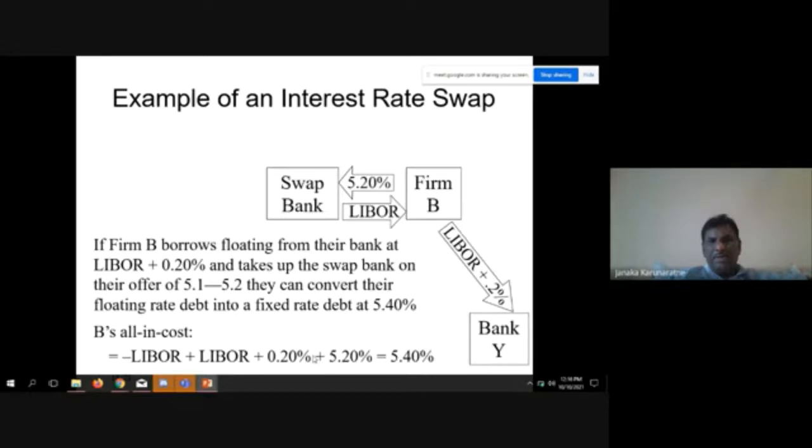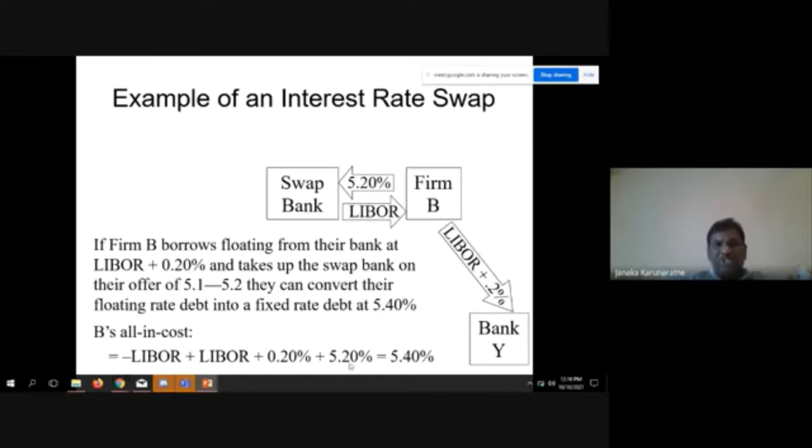So my cost would be: I pay LIBOR plus 0.2%, minus LIBOR received, and pay 5.2.